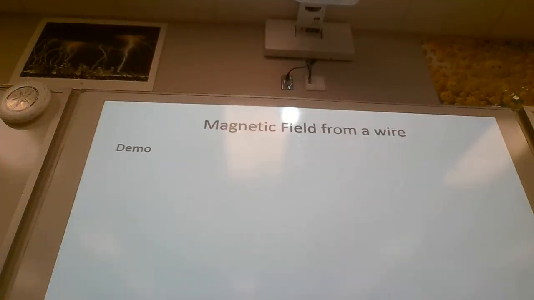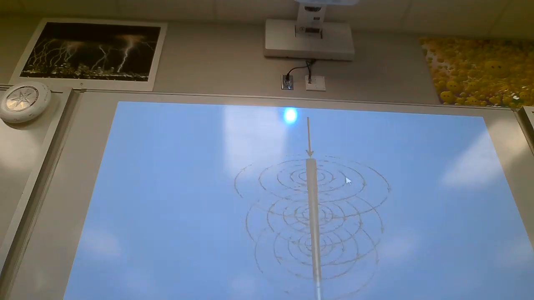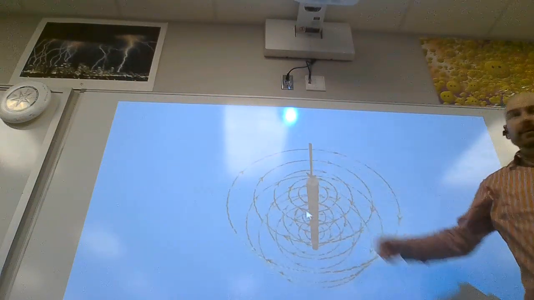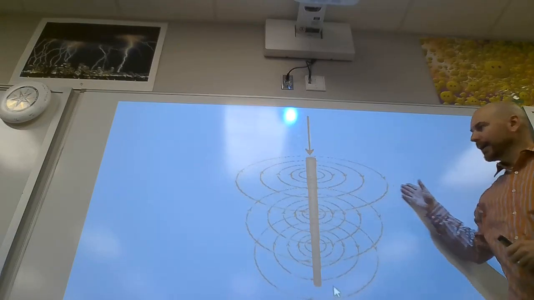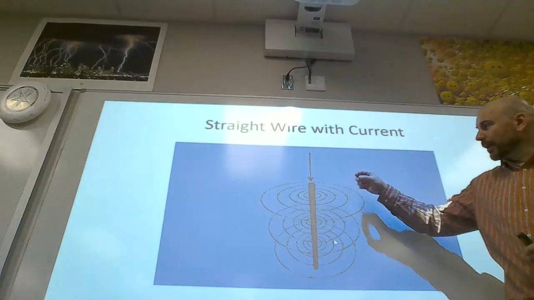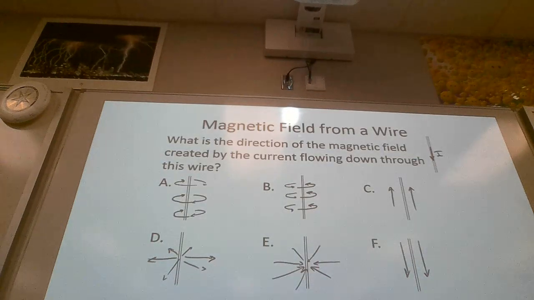So we just did that demo. So if you could see the magnetic field, it goes all along the wire. Okay? And it gets weaker as it goes out. Like the lines are closer together here. Good with that?